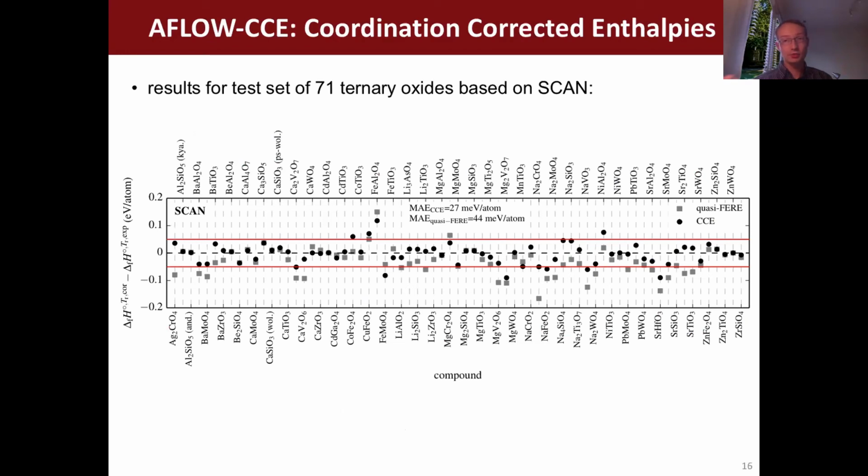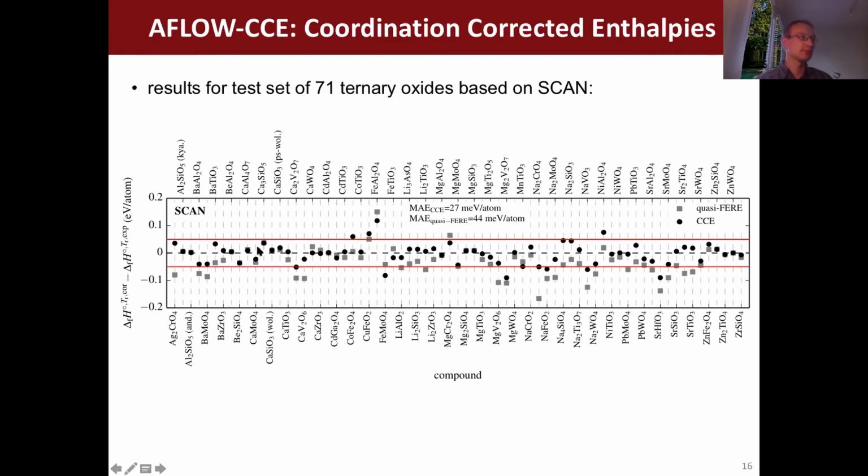But of course, I can show you this now as well for the whole set of 71 ternary oxides. And I show you this based on the results for the SCAN functional, because this is usually the most accurate functional. There we can also see that our black dots are our method, and the gray dots are the previous method, quasi-FERE, and this is again the error between our corrected results and the experimental result.